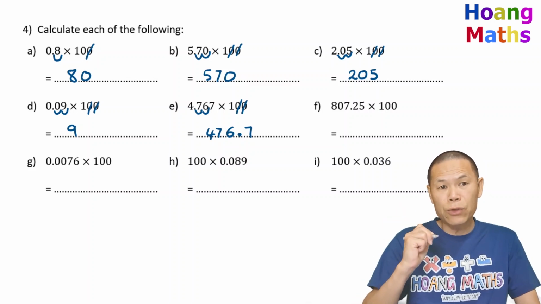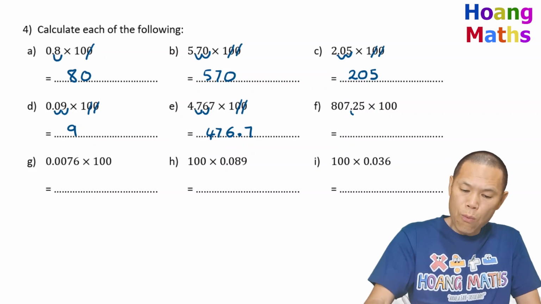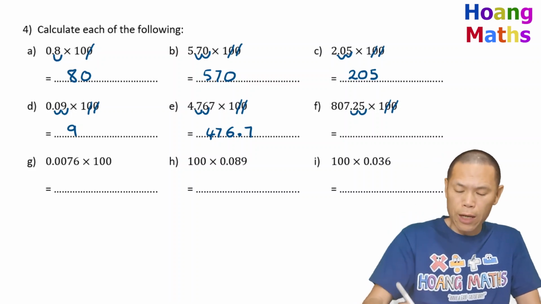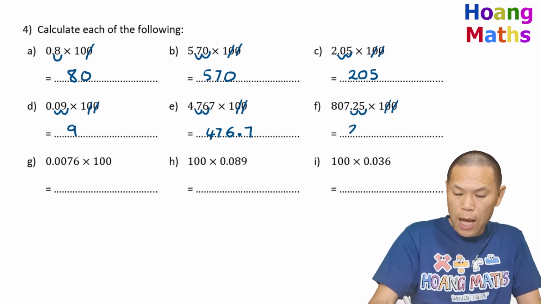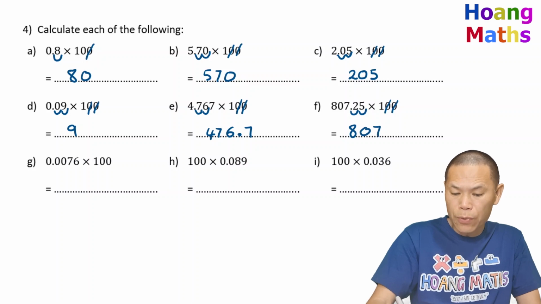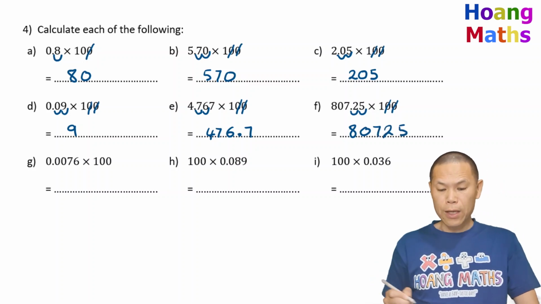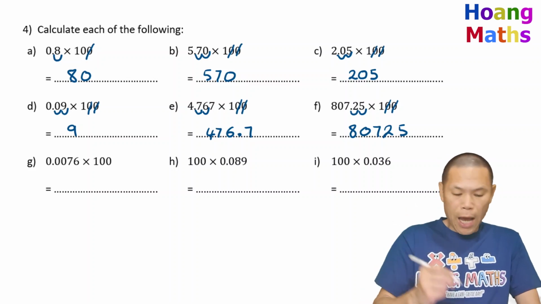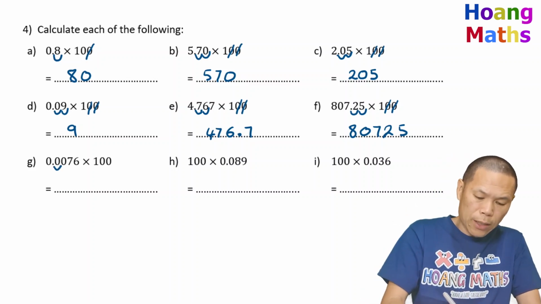And we have 807.25 times 100. So we just move 1, we cancel this, we move 1, cancel this. So the decimal point is right at the end of the number. So that becomes 80725. So there you go. Part G. So we times by 100, we move 1, cancel this, move 1, we cancel this.